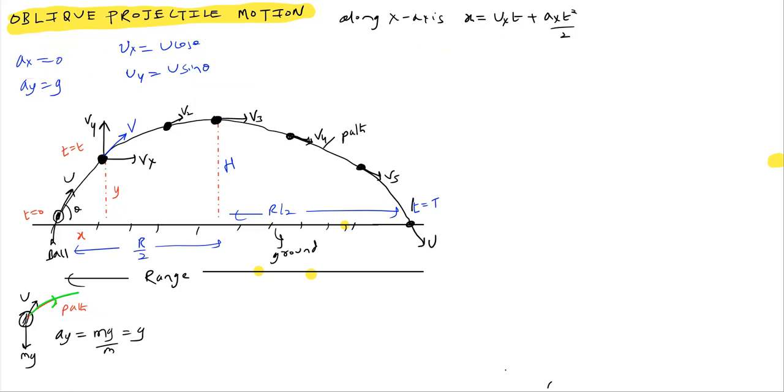After substituting, we get x equals u cos theta t plus 0 into t square by 2. Everything will become u cos theta into t. So this will give the horizontal position of the particle.